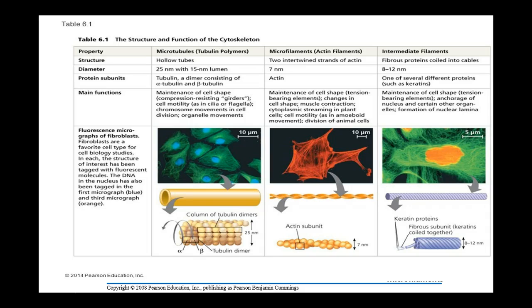Microtubules are hollow. Actin are two strands intertwined, and the intermediate filaments are fibrous proteins coiled into cables, which makes them very, very strong. The cytoskeleton is responsible for the ability to withstand tension. So the cytoskeleton is the ability to maintain shape, strength and resistance.